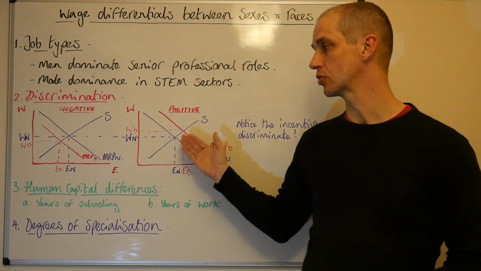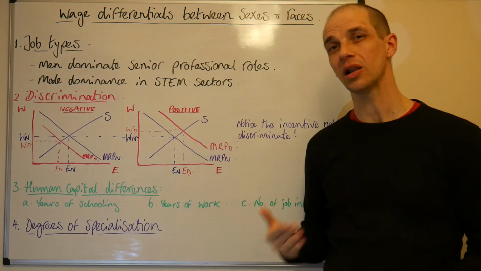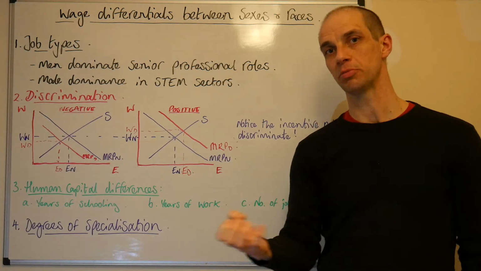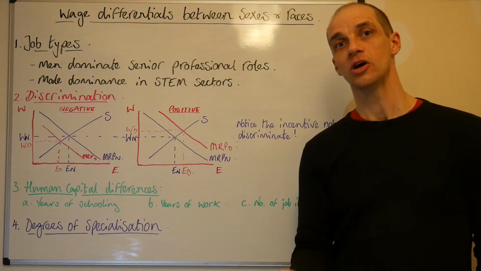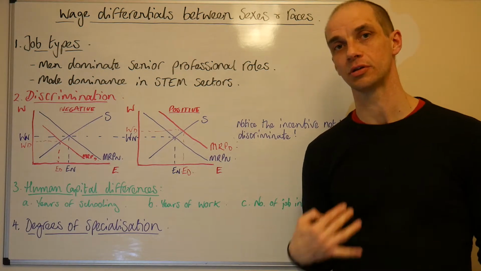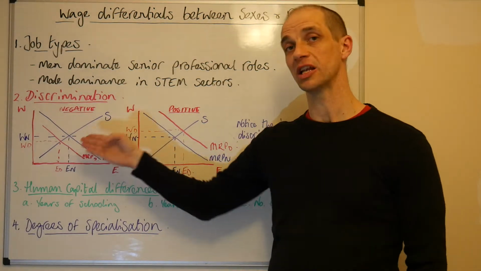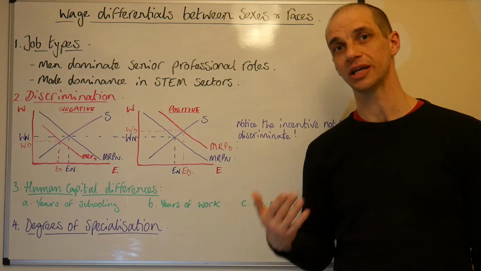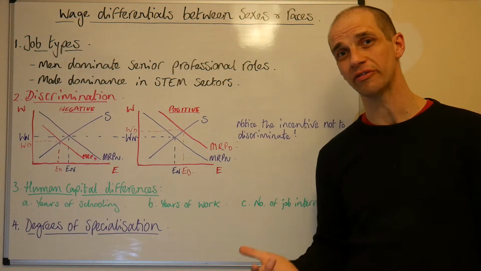Okay, not to discriminate, because if they positively discriminate, they're likely to end up paying more to the salespeople. So the salespeople from a particular ethnic background, particular gender, would be able to command higher prices for the product or service that they're selling, as opposed to those who are being negatively discriminated against, who would be negotiating lower prices because consumers are less willing to actually buy from them.